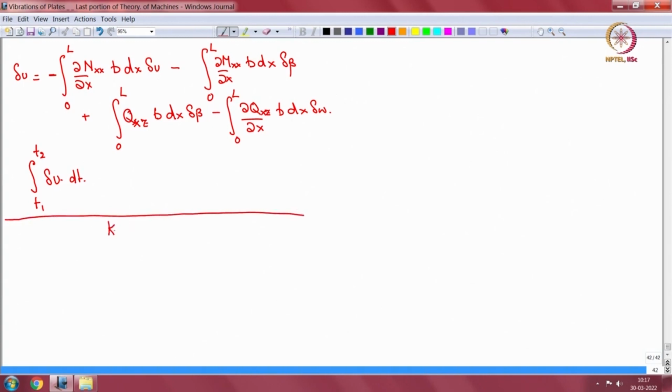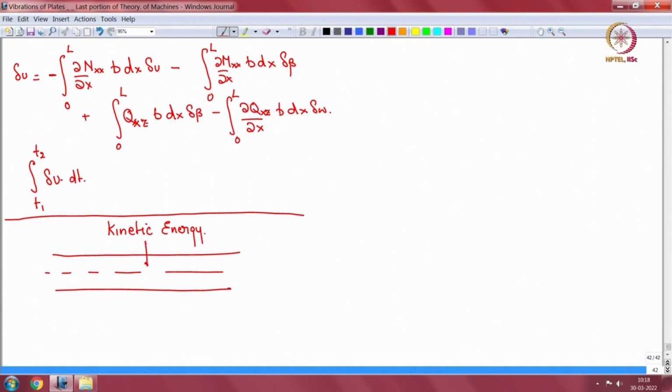The kinetic energy we will now consider, let's say every point has a vertical velocity w dot and a horizontal velocity u dot.